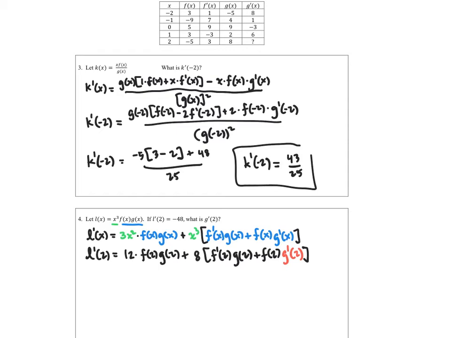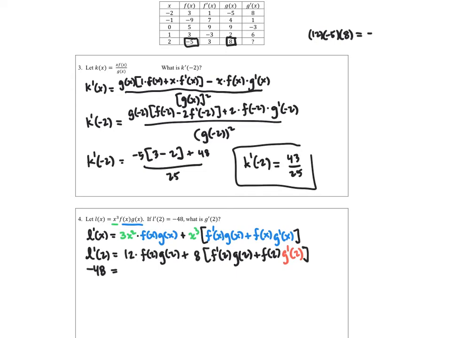Okay, so we need some values. Well, we know that L prime at 2 is -48. F of 2 looks like it is -5. So that'll be 12 times -5 times g of 2, which is 8. So 12 times -5 times 8.